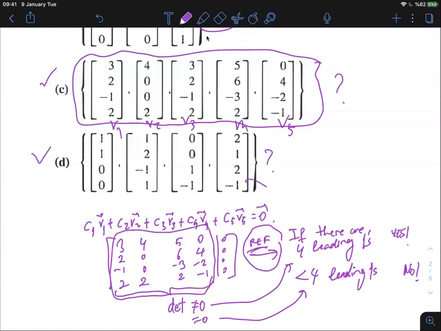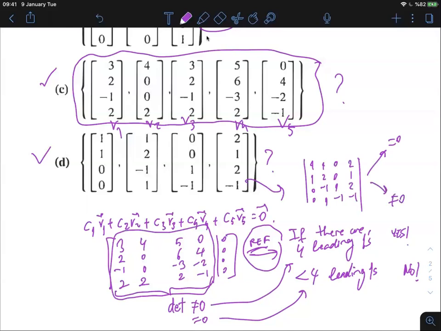Same for this one. One way of checking whether they span is to write these vectors as a matrix and find its determinant. There are two cases: either this is 0 or this is non-zero.